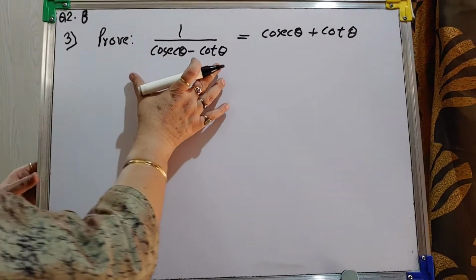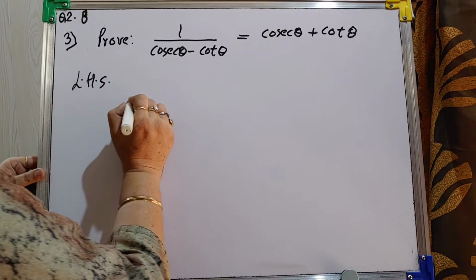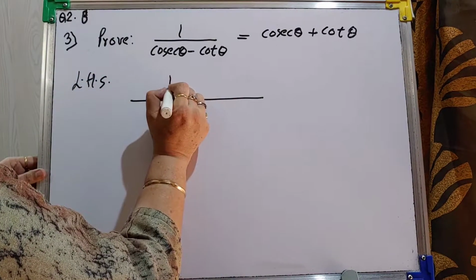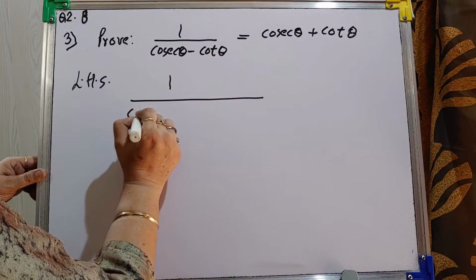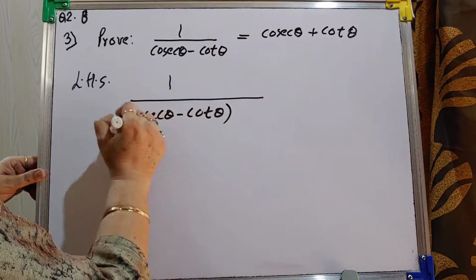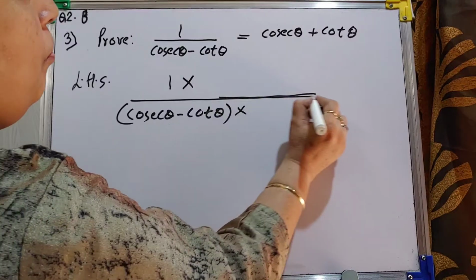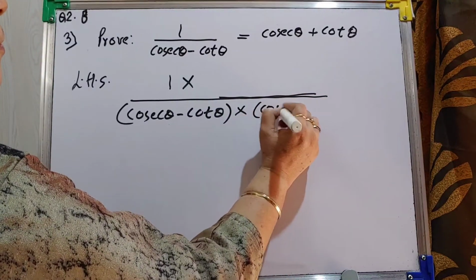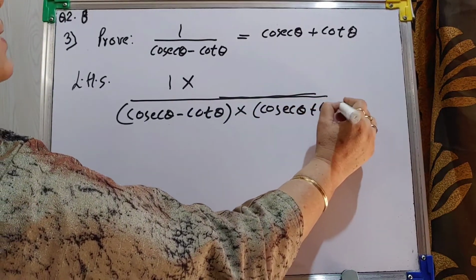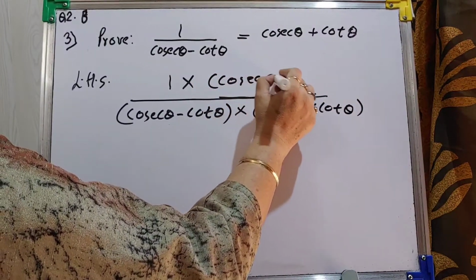Now students, again a proof sum. I will take the LHS. My LHS is 1 upon cosec theta minus cot theta. I am multiplying numerator and denominator both with cosec theta plus cot theta, so I am making no change.